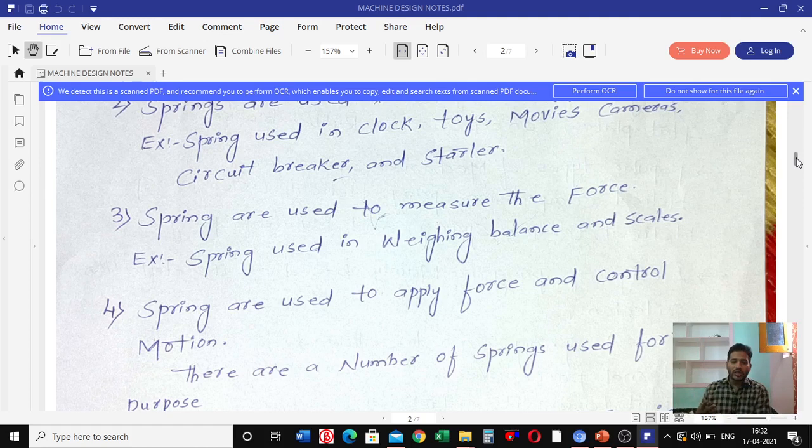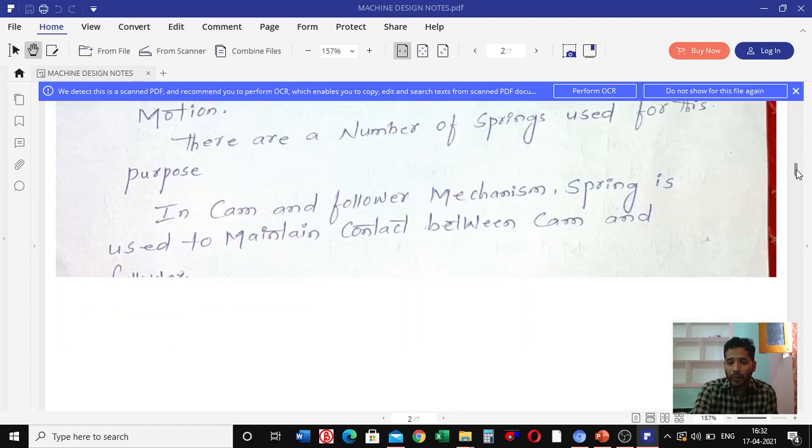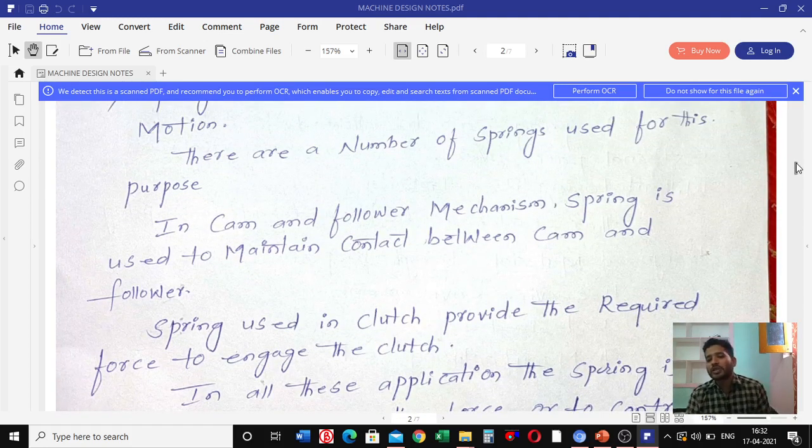And the fourth function of the springs is that these springs are used to apply force and control motion. There are a number of springs used for this purpose. For example, generally we use the cam and follower mechanism, which we already studied in the laboratories.